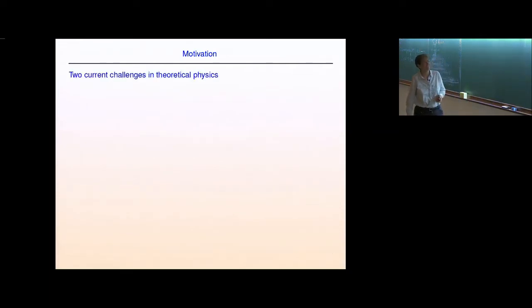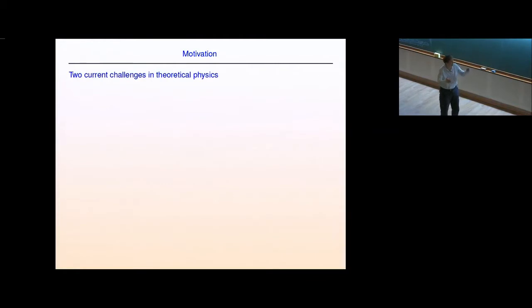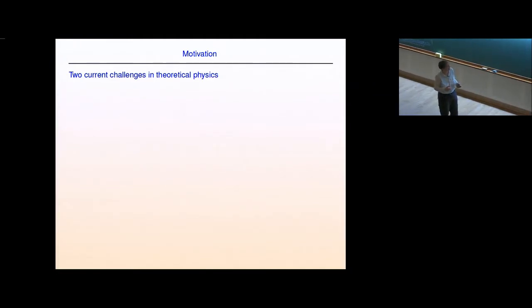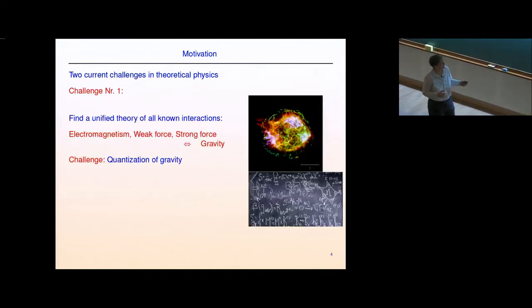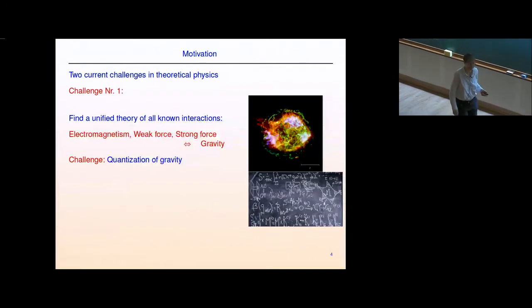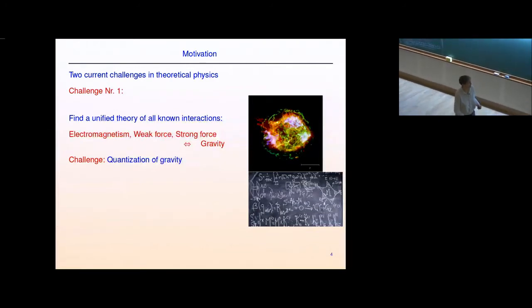So what's the big picture? I would advertise this topic by saying that currently, of course, there are many challenges in theoretical physics, but there are 2 very important ones which I would like to mention in this context. Challenge number 1, which we've been working on for the last 80 years, and lots of interesting concepts have been developed, but the question itself has not really been solved yet, is to find a unified theory of all known interactions.